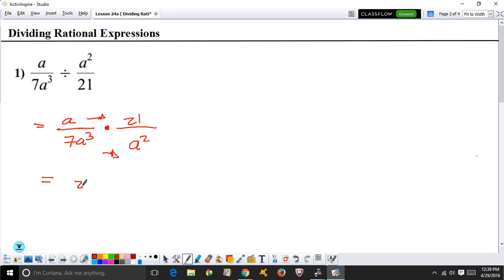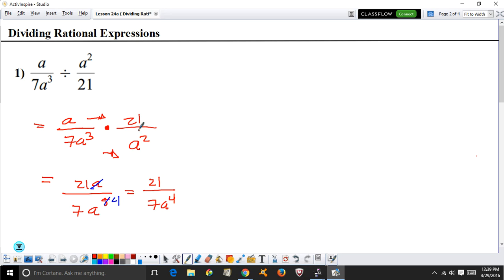That becomes 21 a to the 7 divided by 7 times a to the fifth, because when you multiply variables, you add the exponents. Now, does anything cancel out here? This a is going to cancel out of this a, which becomes a to the 4.